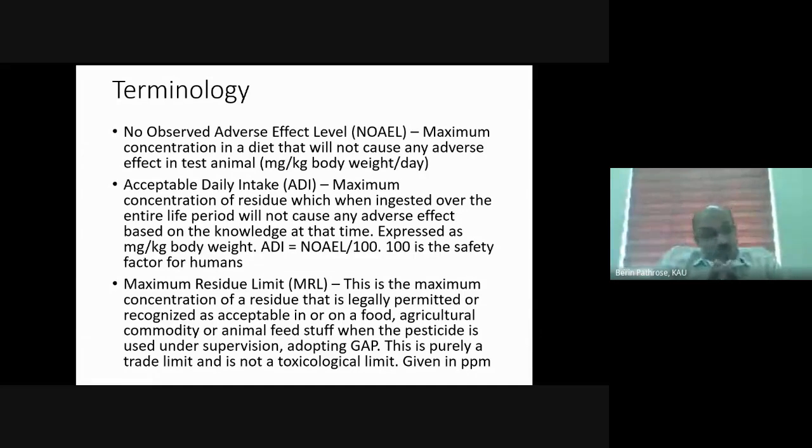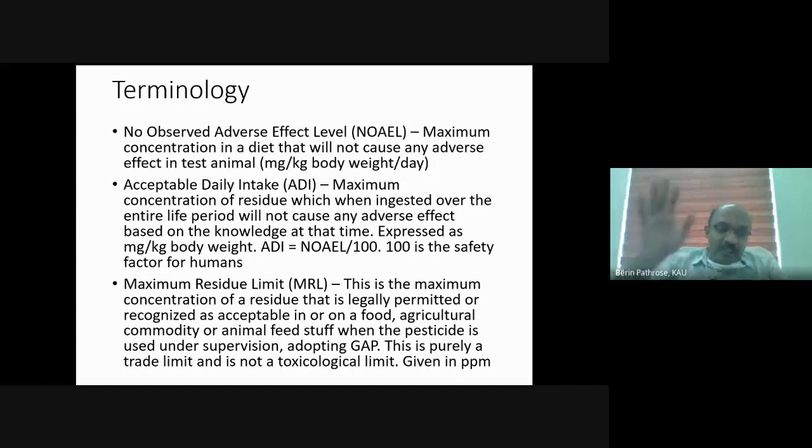So even though these five animals were fed with pesticides daily over their entire lifetime, it was not showing any adverse impact on that organism.